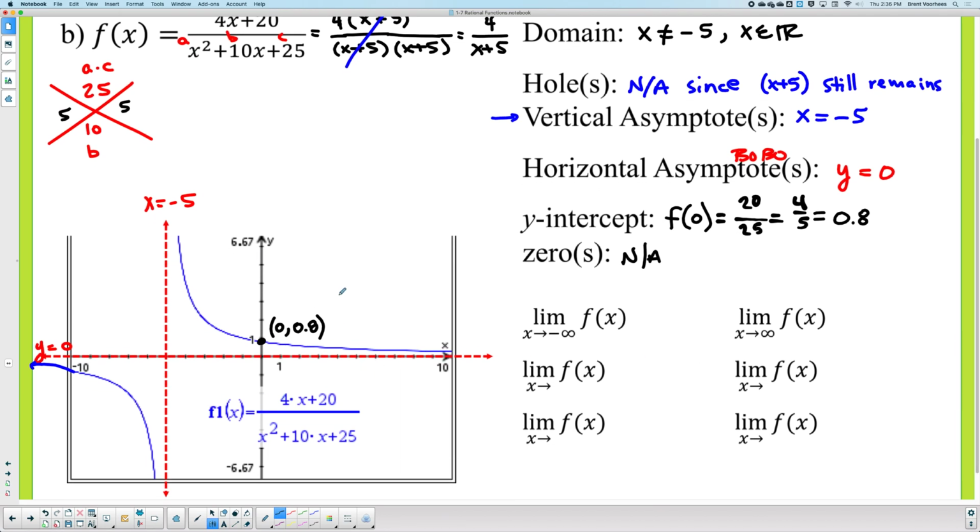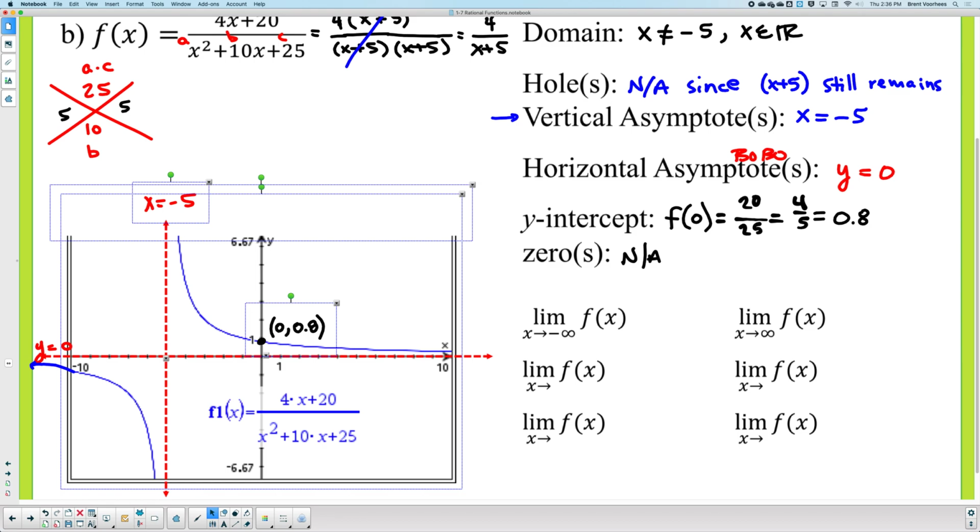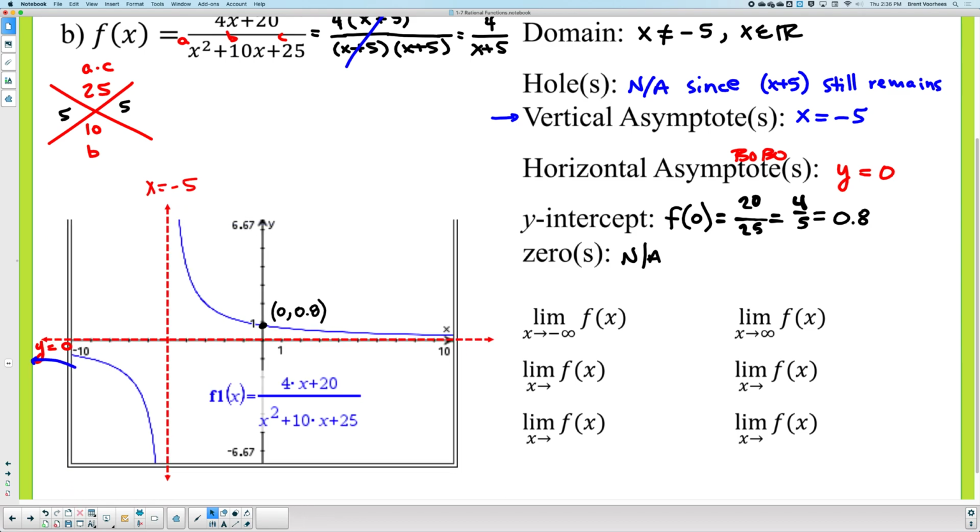And so that would be the appropriate graph there.